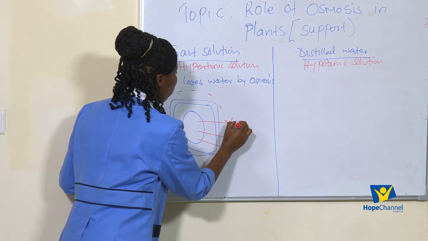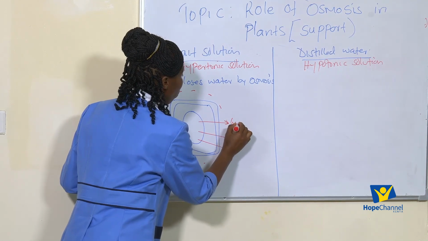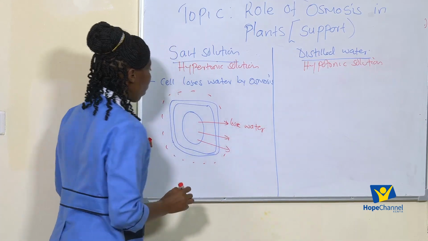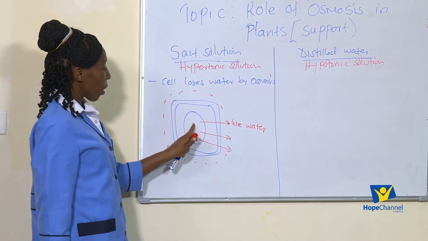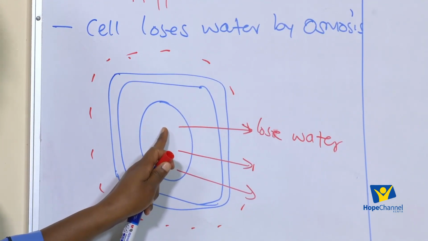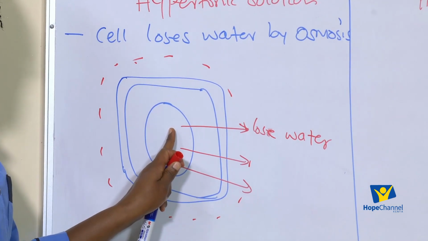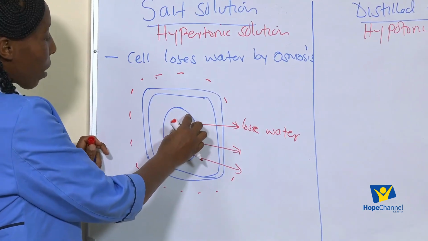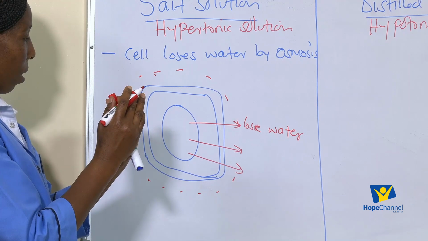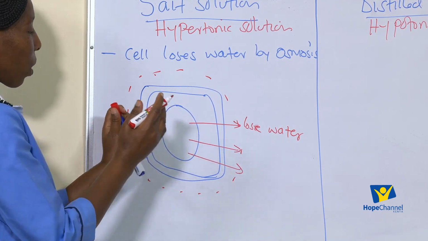And when this cell loses water, what do we expect? We expect the cell sap to decrease. The content in the cell sap will decrease.